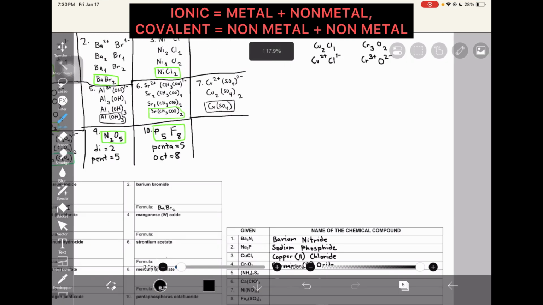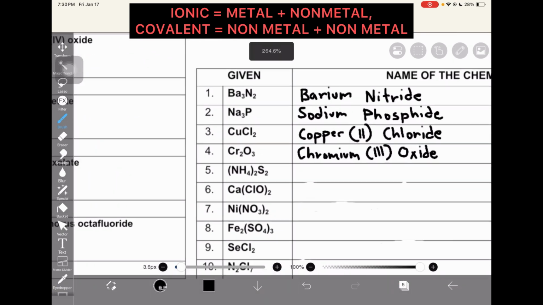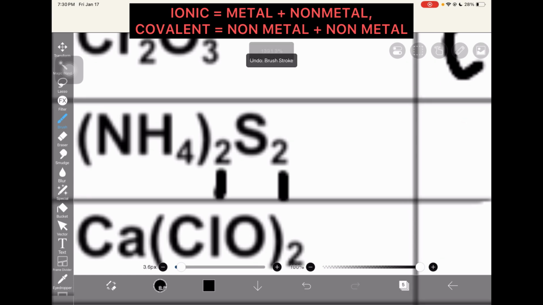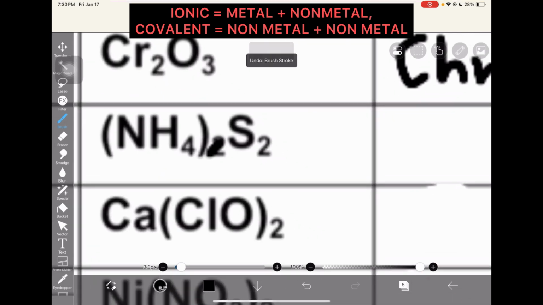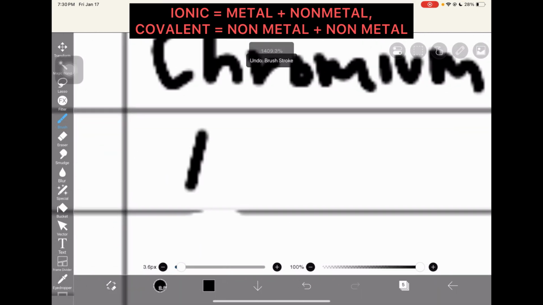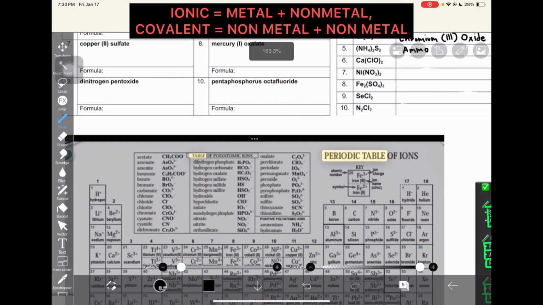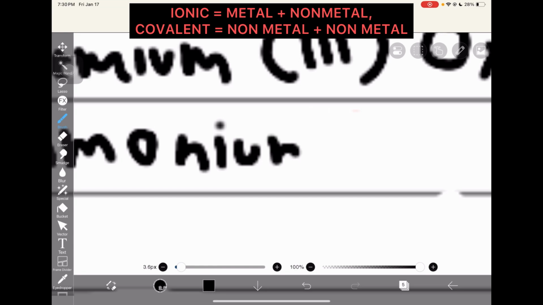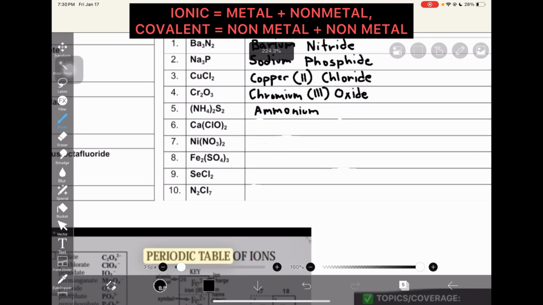So we're going to do number 5. We can simplify this to just 1. Since they're both 1 anyway, we can cancel this out. This becomes 1. You can just immediately put ammonium, then sulfide.